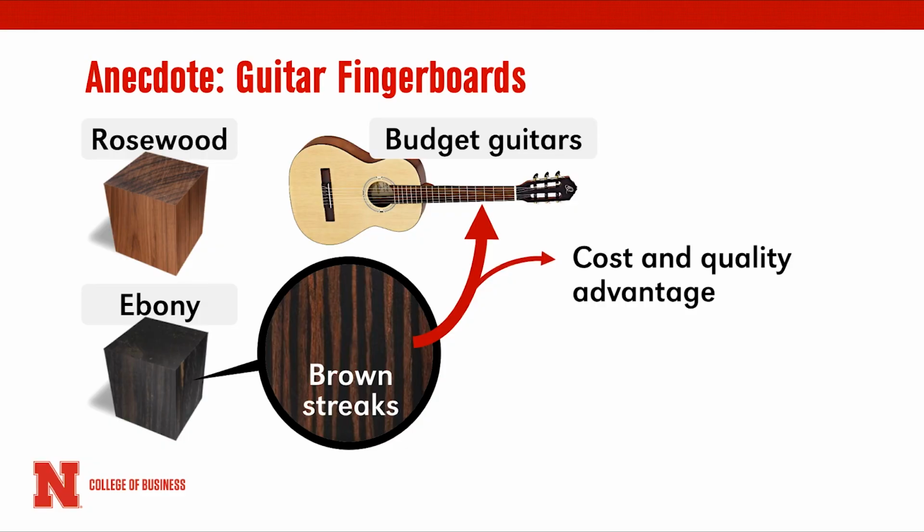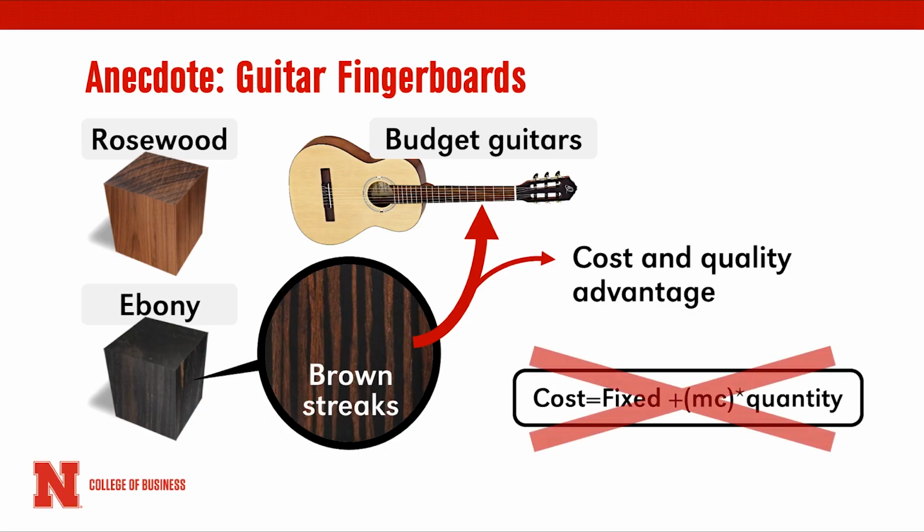The cost of acquiring that ebony had already been factored into the price of the high-end guitars. They were accustomed to paying for and receiving a certain amount of blemished ebony. What this strategy allowed them to do was use that blemished ebony at no additional cost beyond what they'd already been paying and put it into the manufacture of budget guitars.